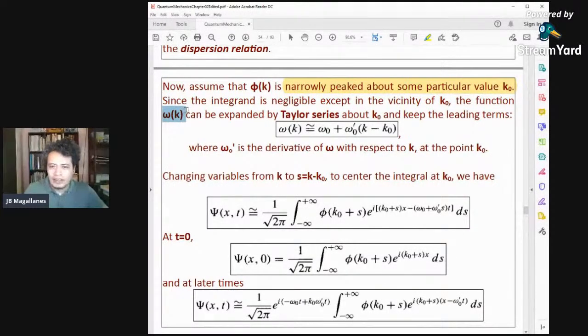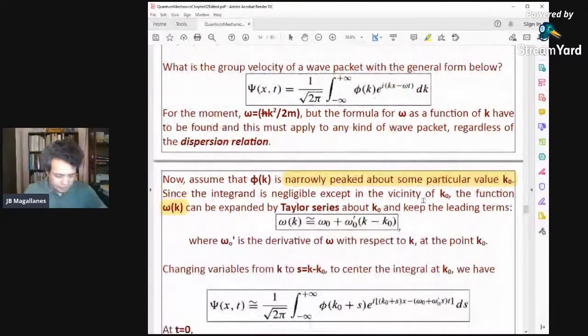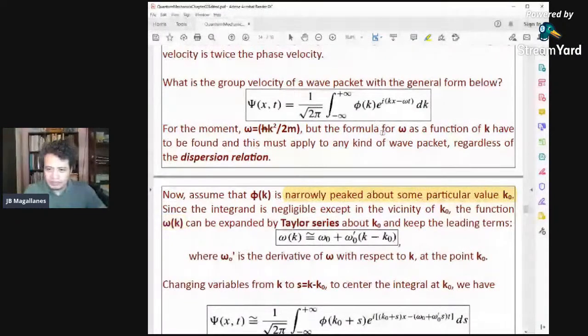Look here. Since we're looking for an omega that's a function of k, we can write the omega in terms of the Taylor series, expanded and neglecting the higher terms.